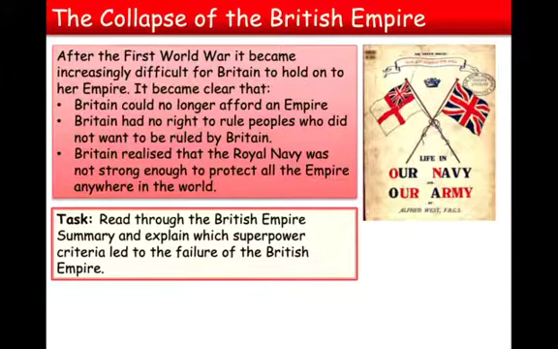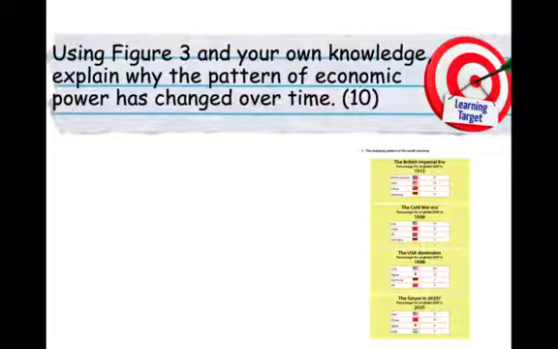So that sort of cultural and moral angle of empire as well, what happened there, and expand upon the fact that the Royal Navy, particularly after the war, was no longer the force that it once was, and what impact did that have on Britain, British Empire failing.